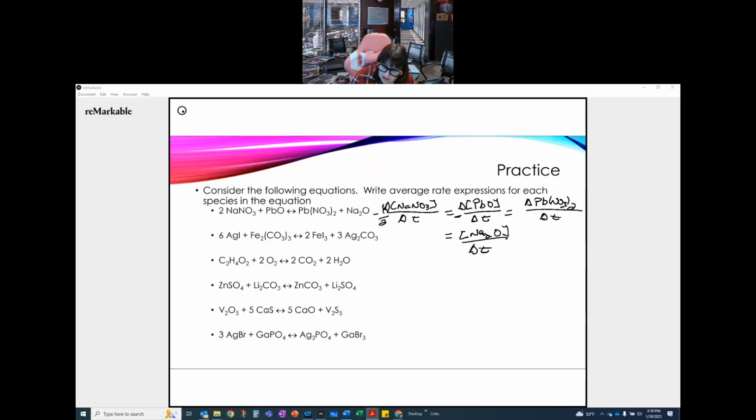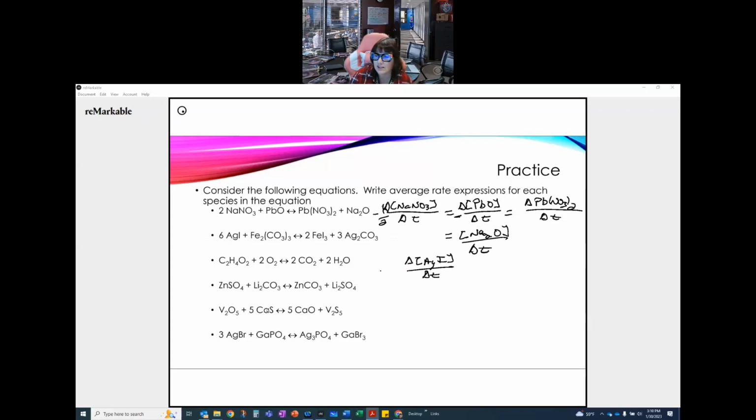Okay, let's talk about our 6AgI plus Fe2CO3 goes to 2FeI3 plus 3Ag2CO3. Change in concentration of AgI over the change in time.